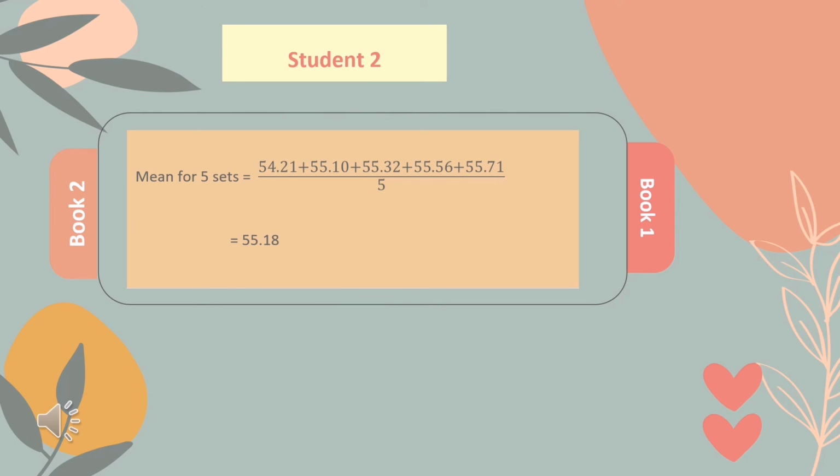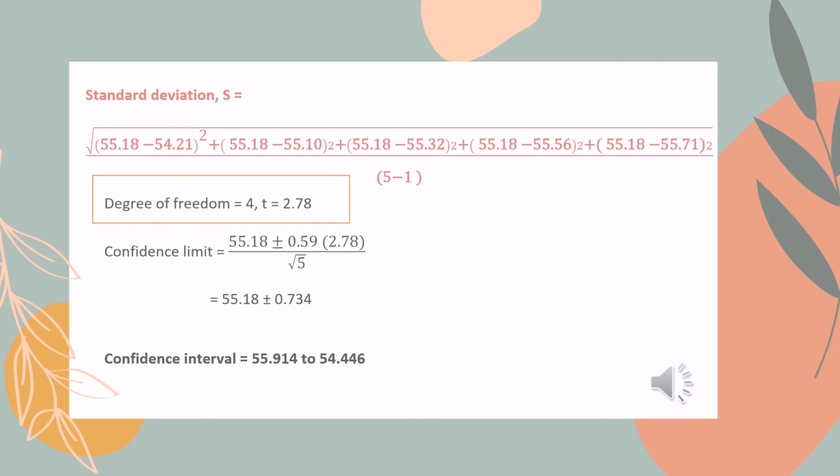For student 2, for the mean value of the 5 sets, we use the same formula as student 1, and we get 55.18. From that, we can calculate the standard deviation, S, using the same formula as student 1, and we get 0.264 for student 2.